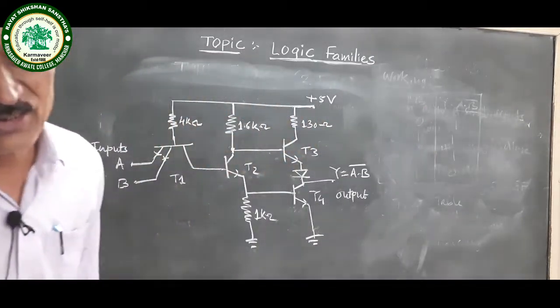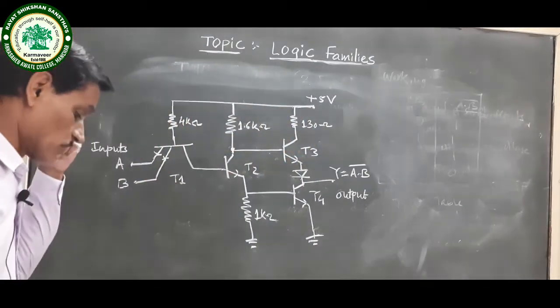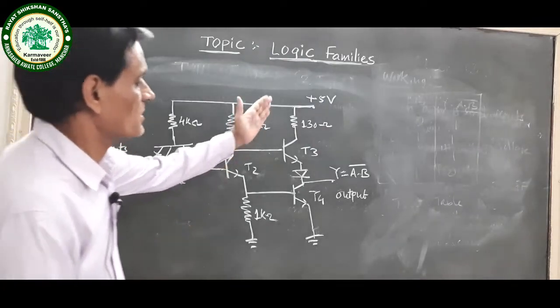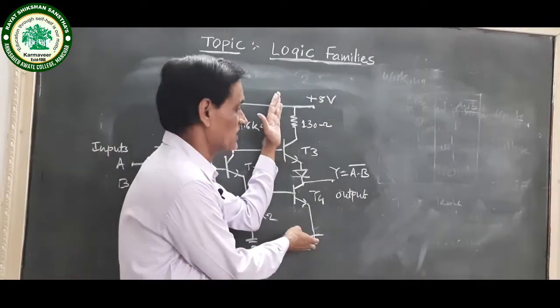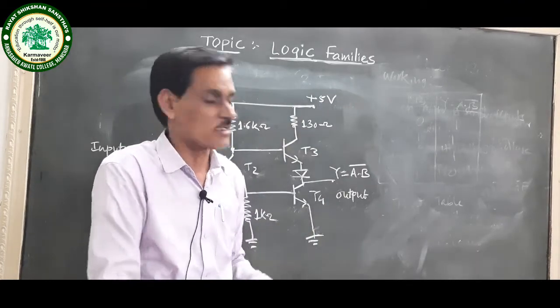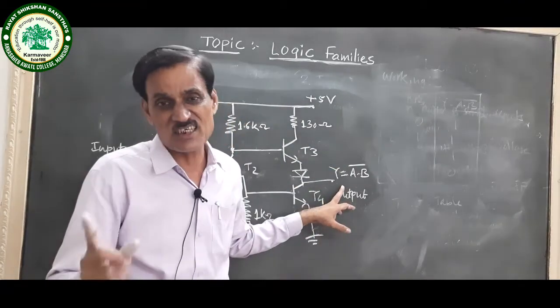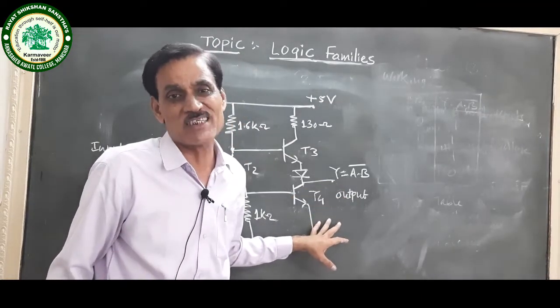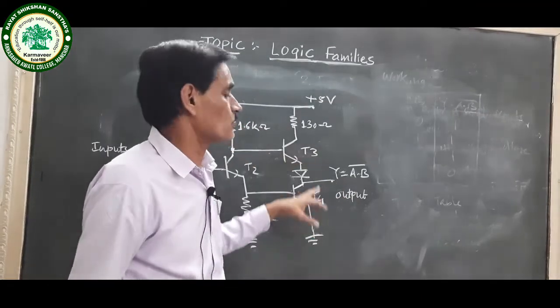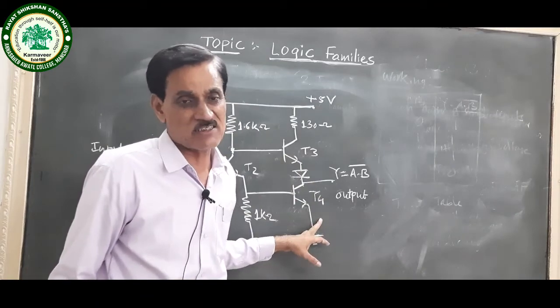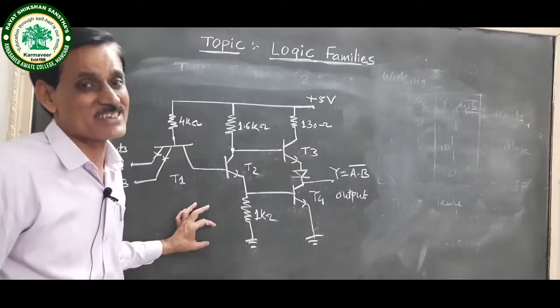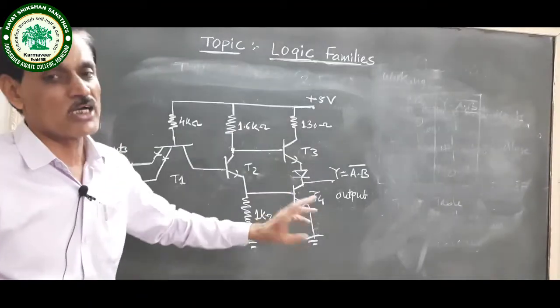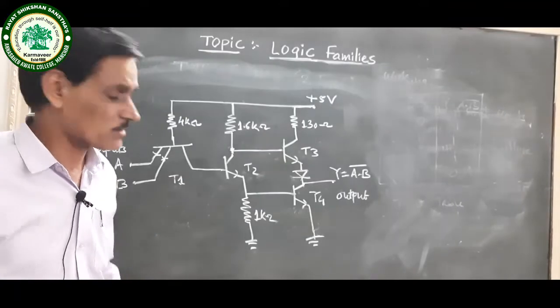I will give the idea regarding it. But before that, the totem pole output stage has the important feature that the output resistance or impedance offered is very low. Therefore, the propagation delay is small and you get high operating speed with TTL ICs whenever you are using totem pole devices.